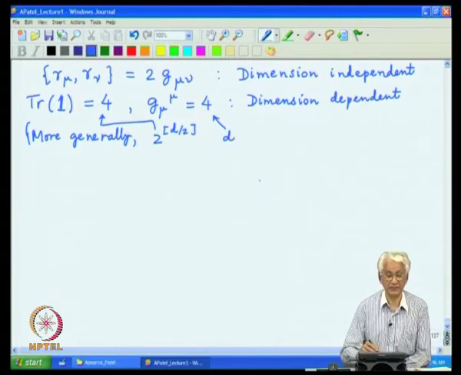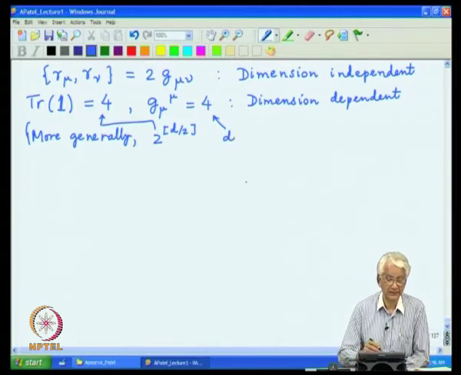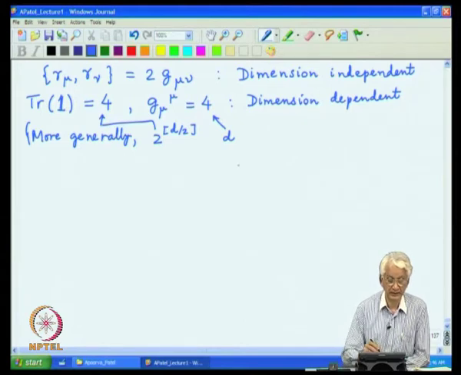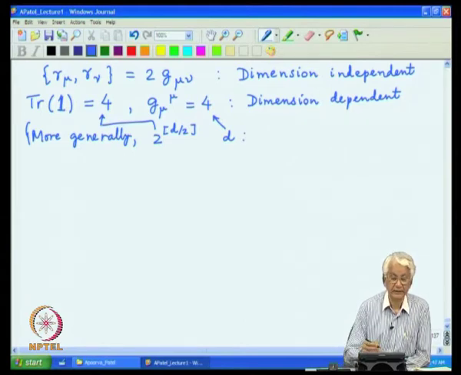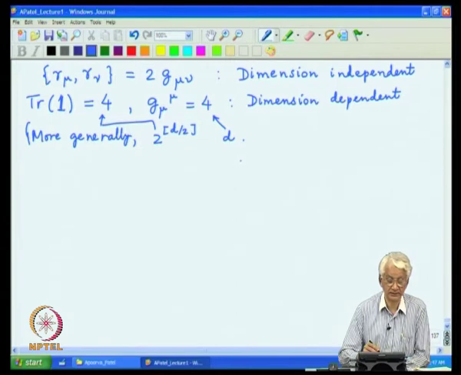It happens that in d equal to 4, these two numbers coincide, but in different numbers of dimensions they do not have to coincide, and then one can write down more general expressions where these factors of 4 are replaced by dimension dependent quantities.